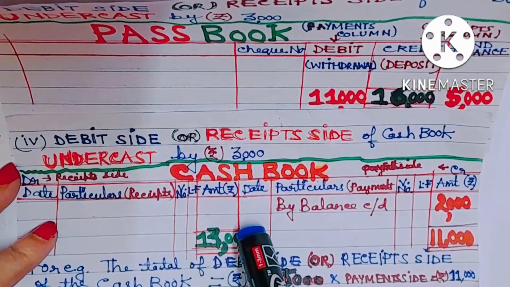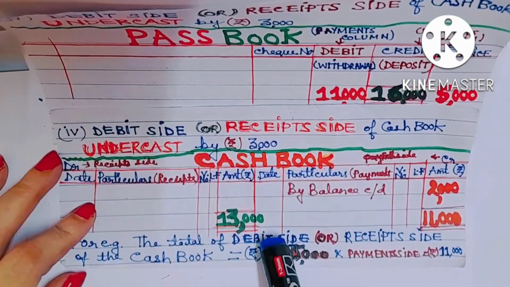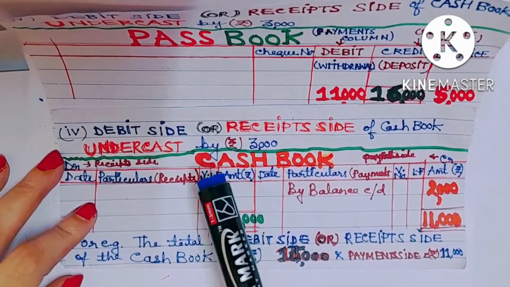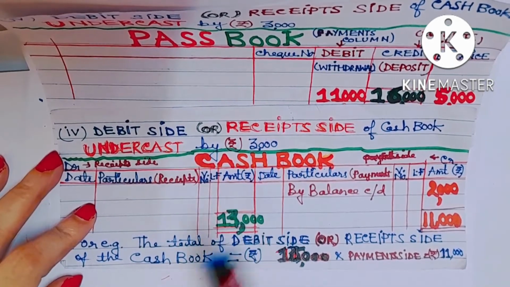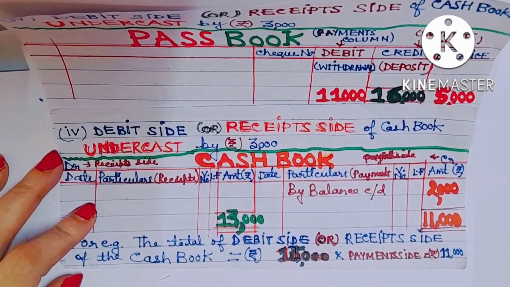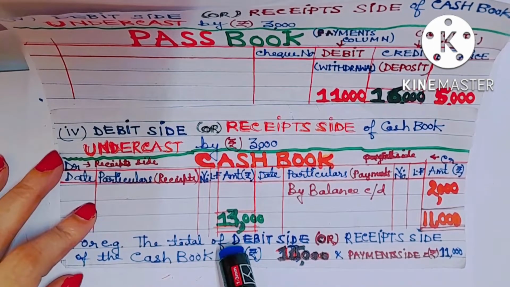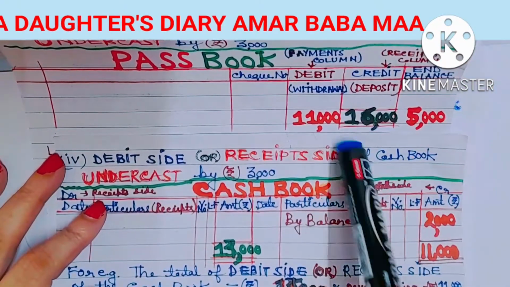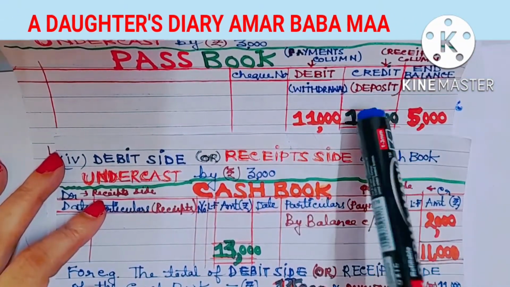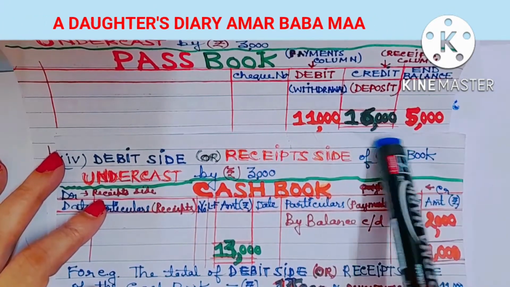That is 16,000 minus 3,000. Why 3,000 less? Because the debit side or receipt side of cash book has been undercast by rupees 3,000. Understood? But the actual total of the debit side or receipt side of cash book is equal to 16,000. See in passbook, the total of credit column or deposit column or receipt column is 16,000, which is correct.